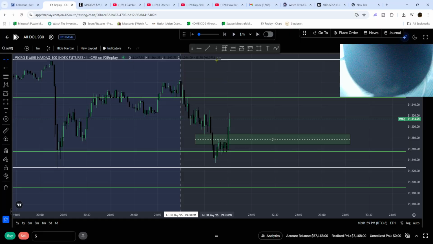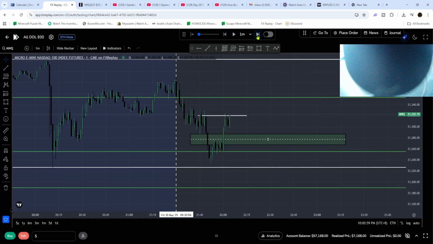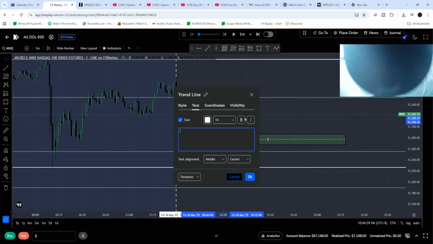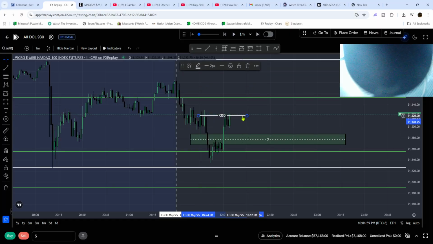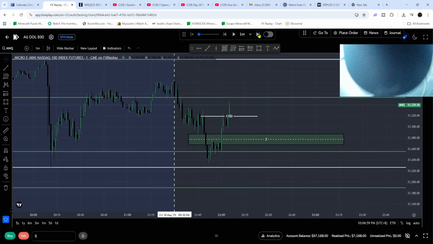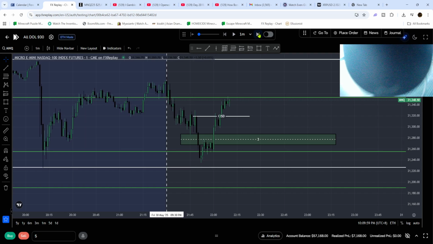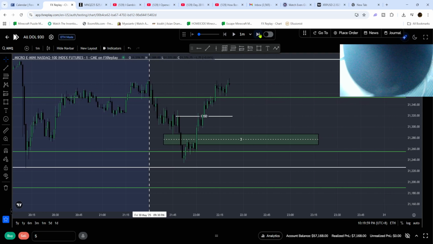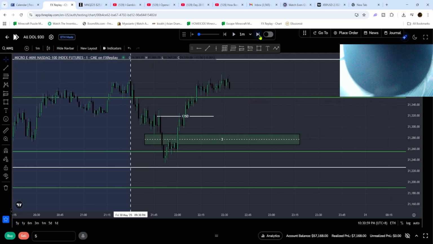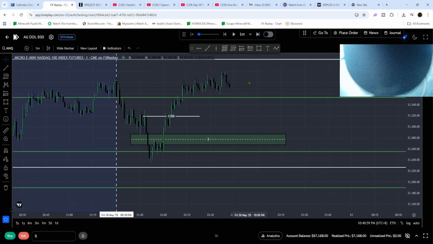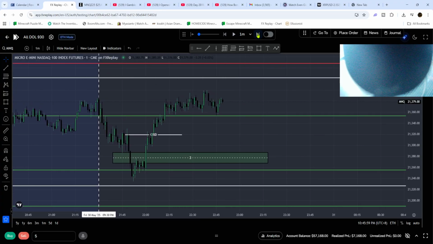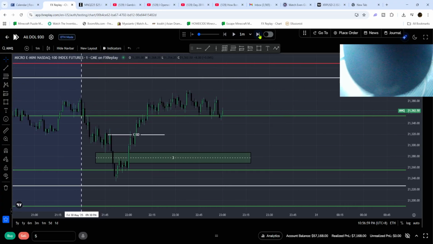Showed CISD for sure? Nope, no CISD yet. Need to see a closure above this. Then there's a CISD. Okay, CISD confirmed. Now you need a retracement of some sort. There seems to be no retracements, so you are unable to take this long.